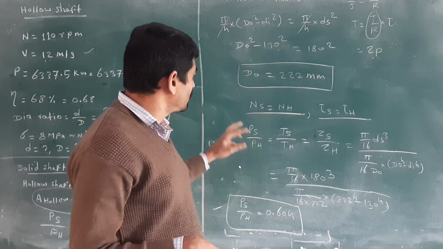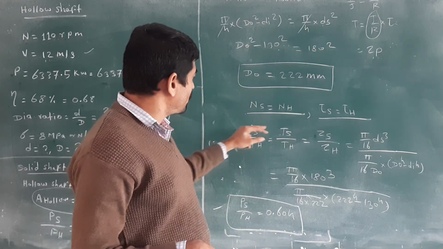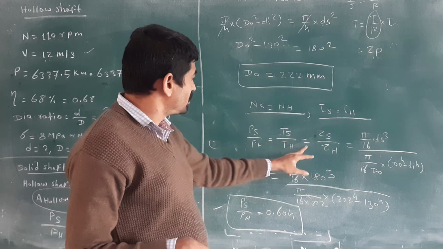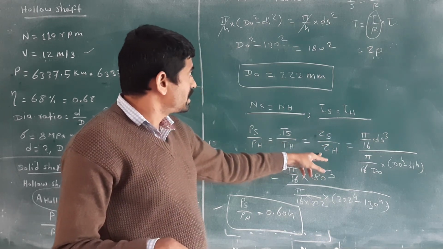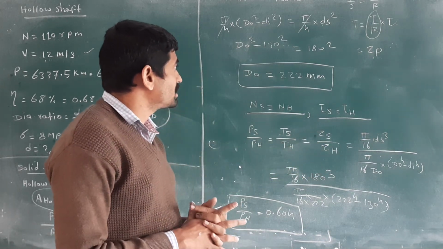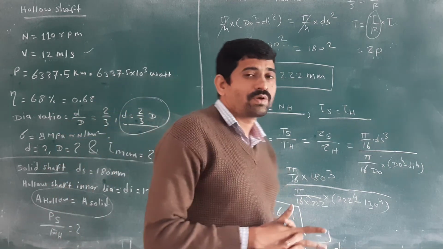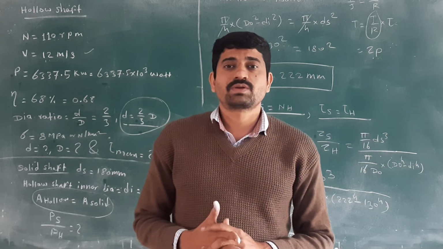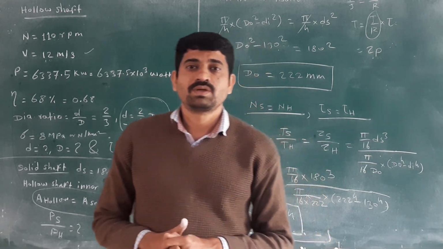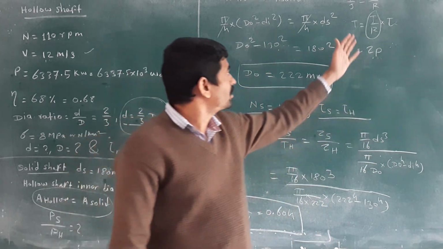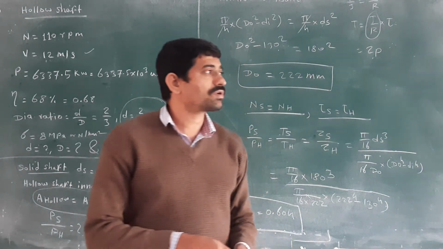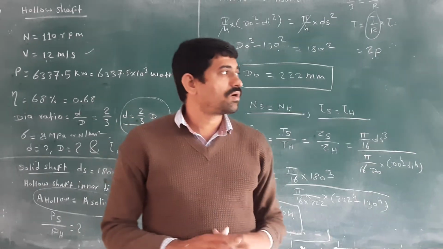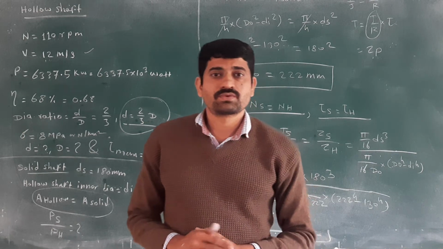That's why we get the new relation PS by PH is equal to TS by TH is equal to ZS by ZH. Again, what is ZS? It is the ratio of the polar moment of inertia to the radius of that shaft. Or with the help of that equation you can also calculate for the solid shaft as well as the hollow shaft. Okay, thank you. Today we will stop.